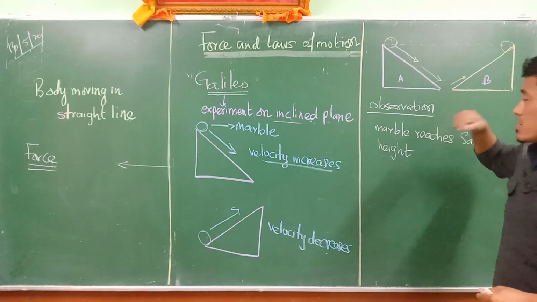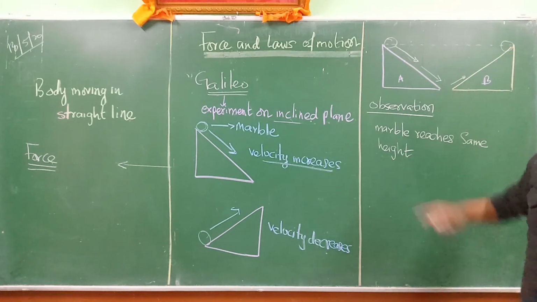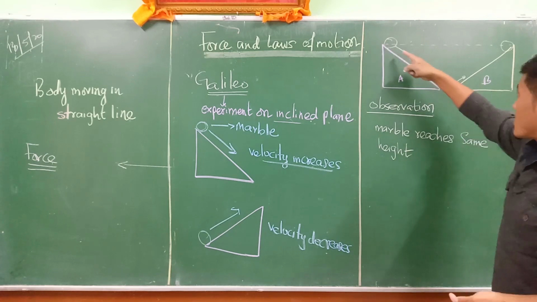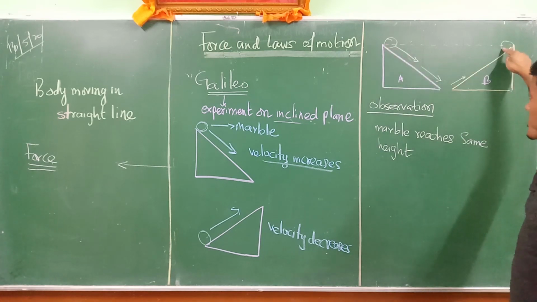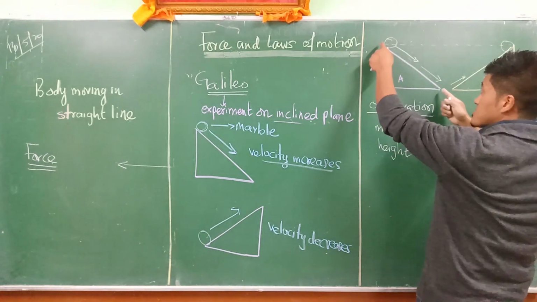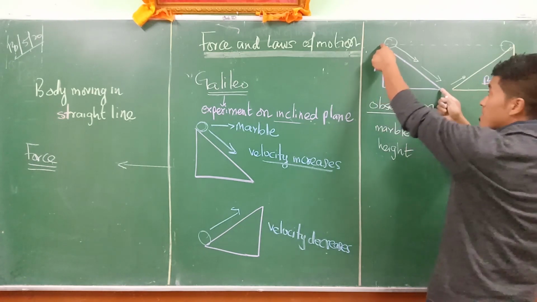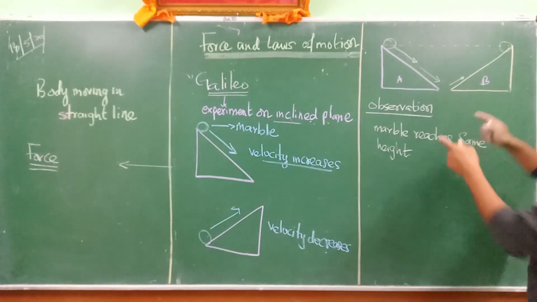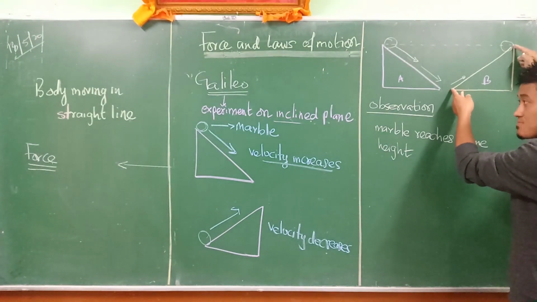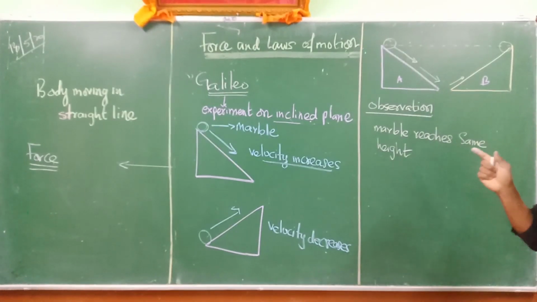Now, it is natural for us to assume that if the marble covers from here to that point here, then, let's suppose, the distance between these two points is like 5 centimeters. Then we can somehow assume that this is also 5 centimeters, because these two are the same, right?